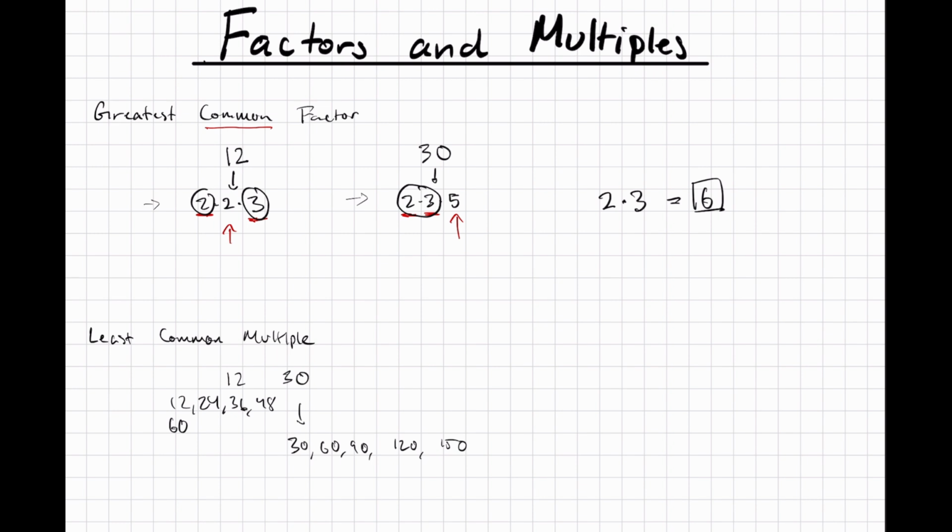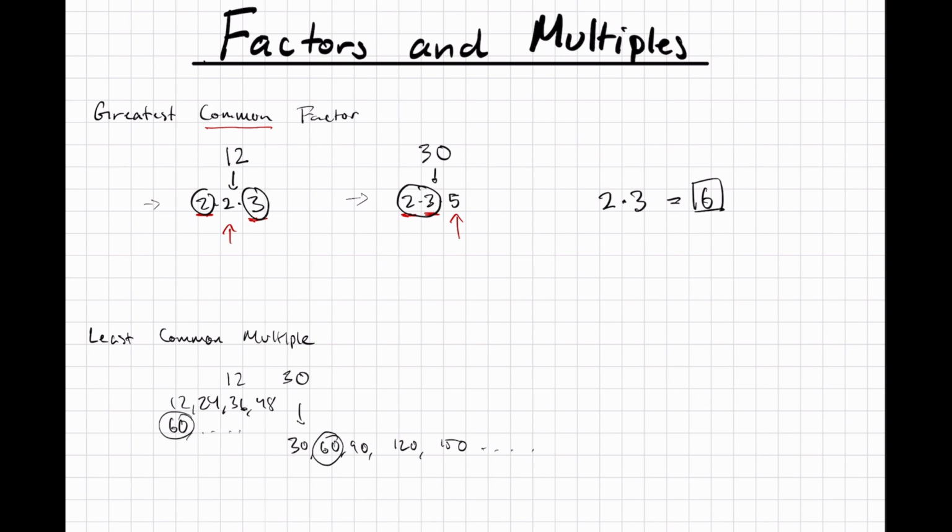Those are its multiples. So what is the lowest number that is common in both of these sequences? Well, we can see it immediately. The lowest number is 60, because this one is only going to keep going up, this one only keeps going up, and there's nothing below 60 that works. So this is what we call the least common multiple.